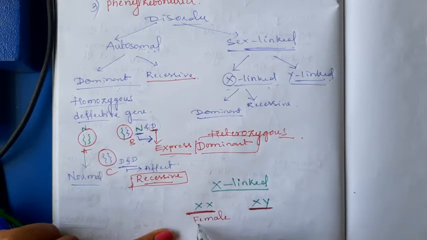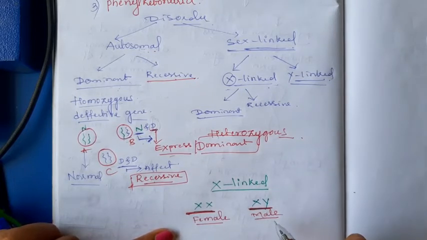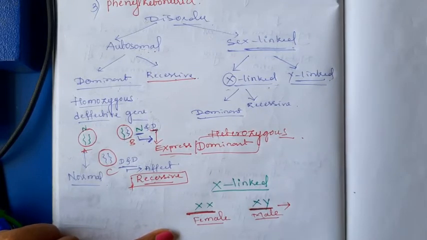It will affect both the females and males, but males are less affected than females because they have only one X chromosome, but in case of females there are two X chromosomes. If any defective X is present, it is going to be expressed in the phenotype, but in case of males only one X is present. If the defective gene is not present in the male X chromosome, it will not show in the phenotype of the male.